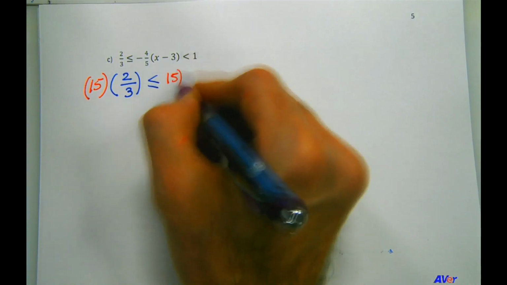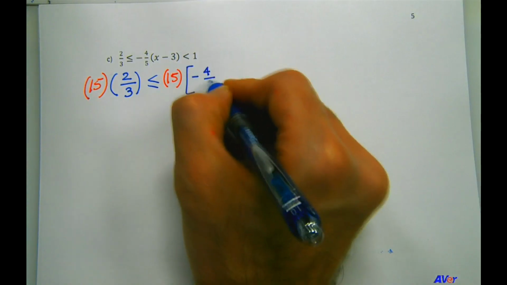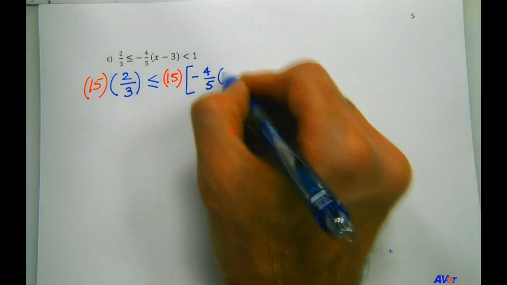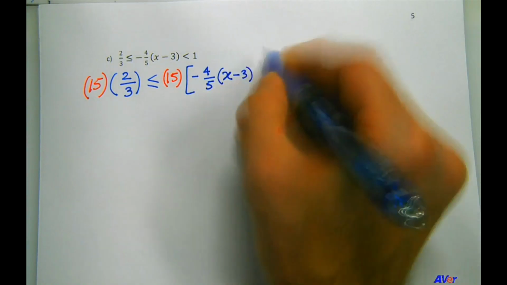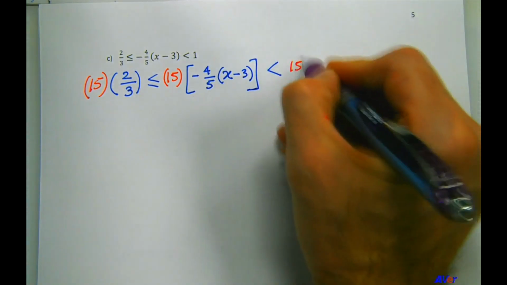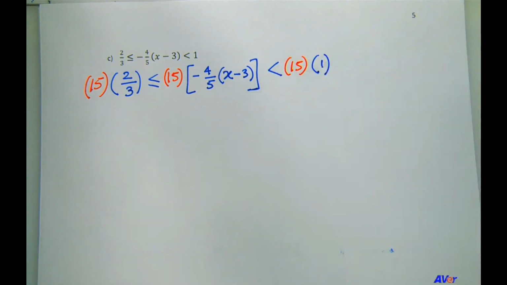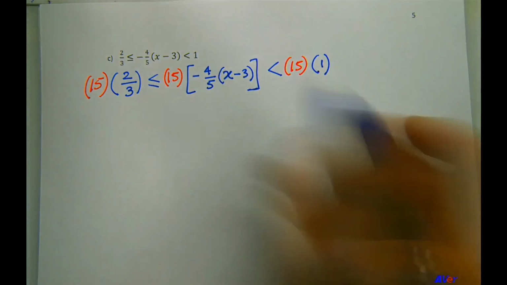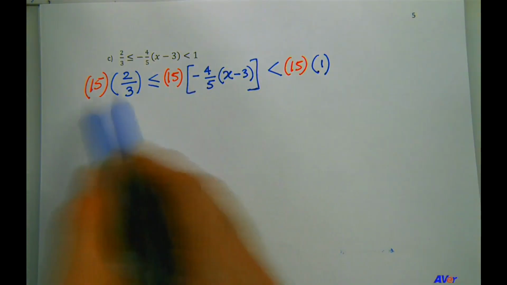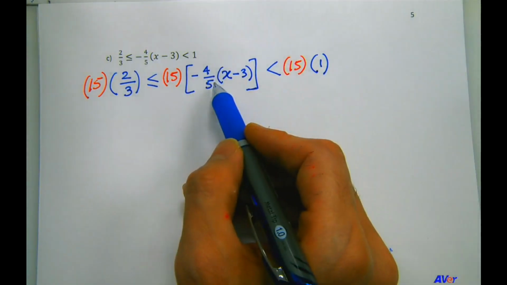So 15 times all of that, let me put that in brackets, minus 4 over 5 times x minus 3, and then less than 15 times 1. Okay? All right. So now let's distribute and simplify wherever possible.